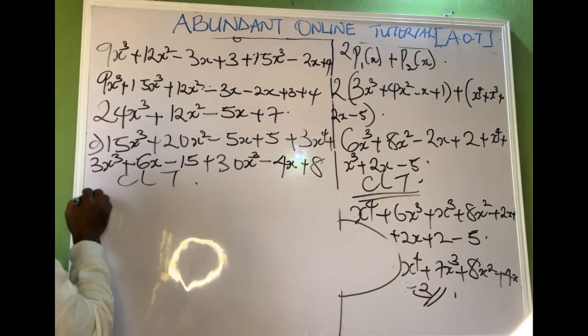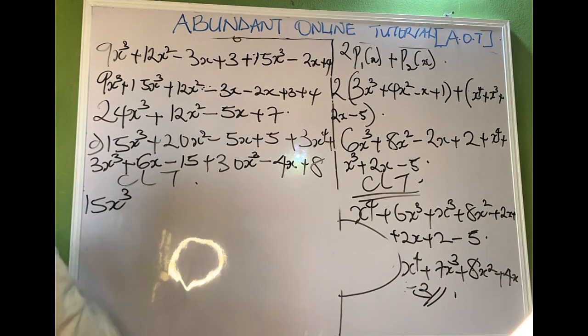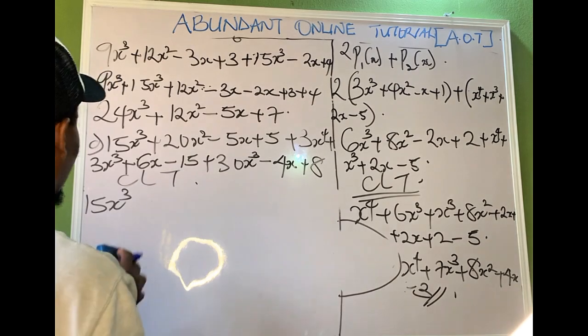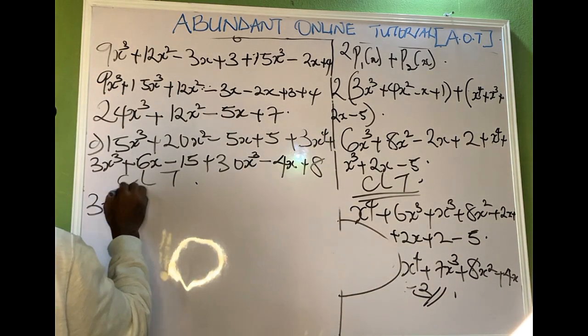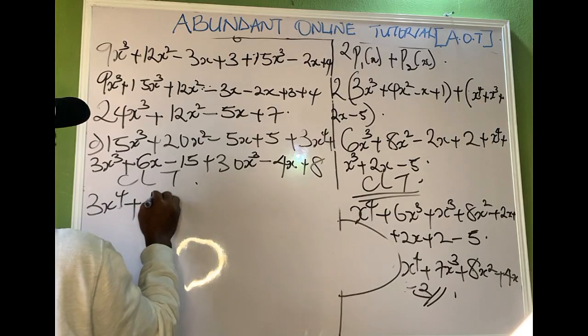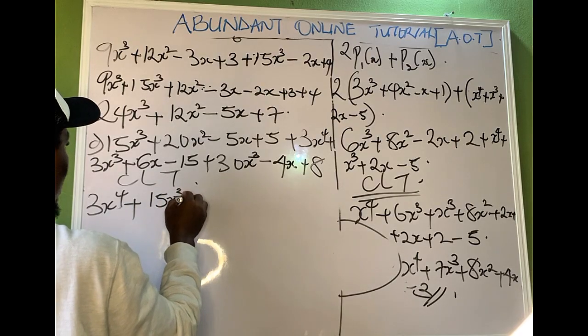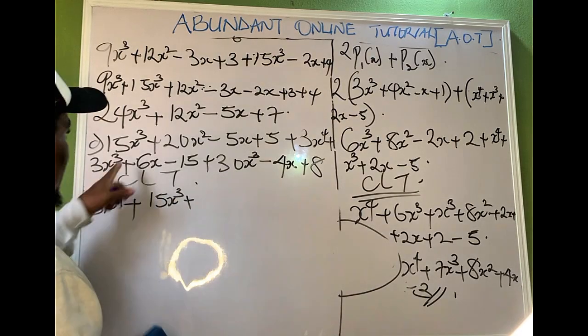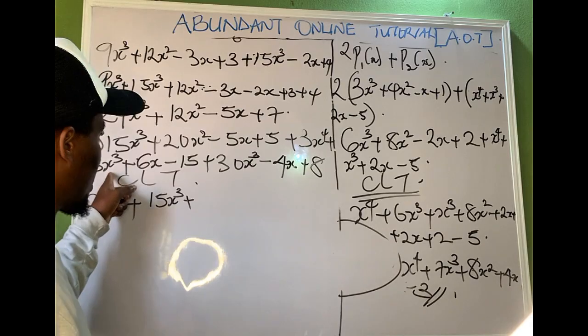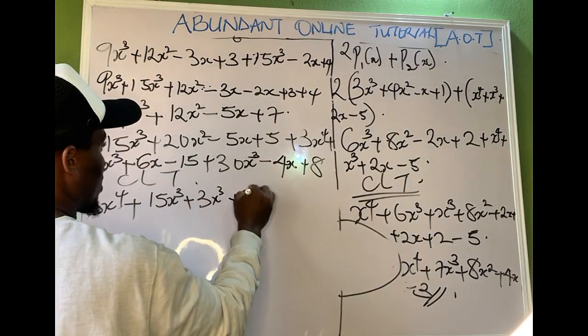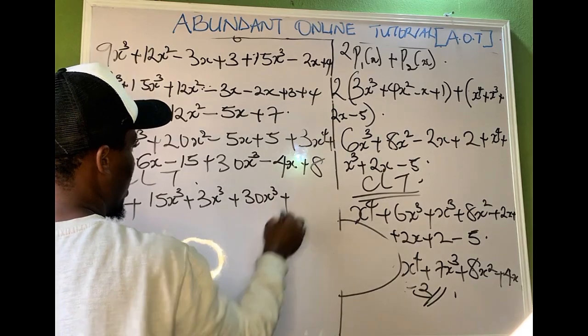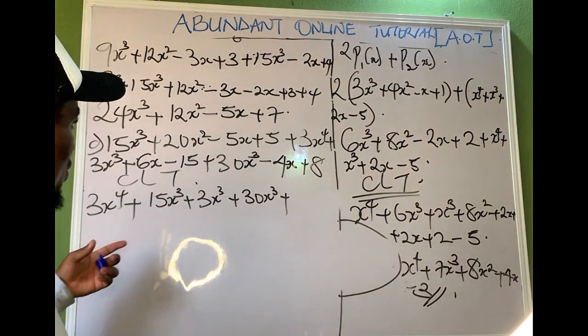Second, collect the like terms. The one that comes first is 3x to the power 4, plus 15x cubed. After 15x cubed, do we have another? Yes, we have 3x cubed, then plus 30x cubed. After that, do we have degree 2?